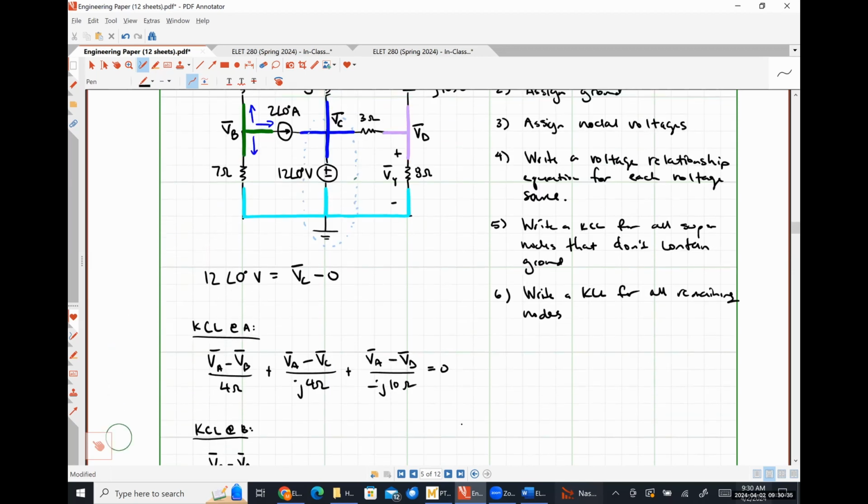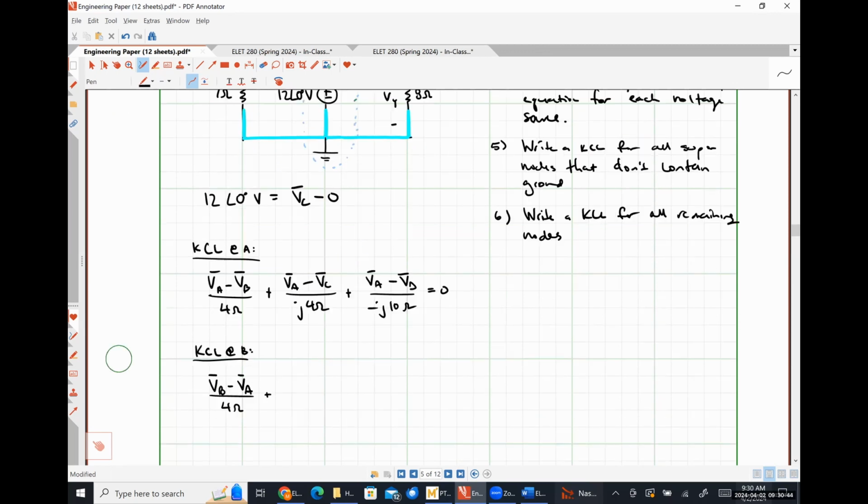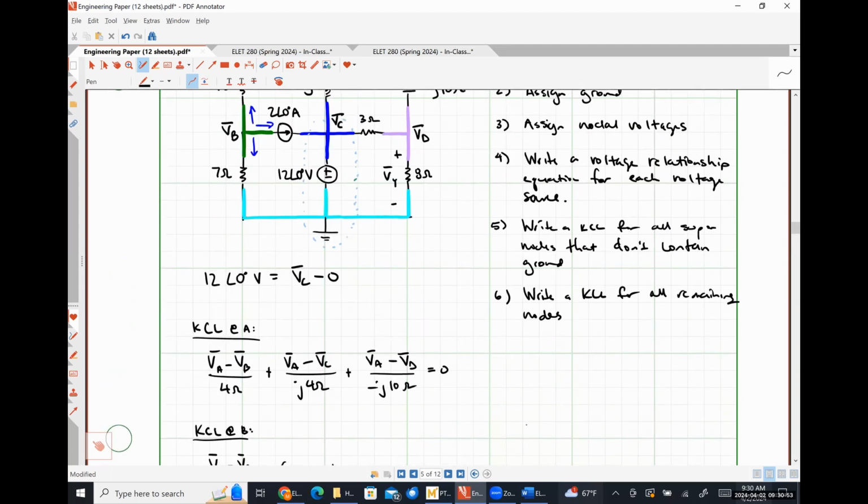What's the current flowing to the right through the current source? To angle 0. What's the current flowing down through the 7 ohm resistor? Yeah, so VB minus 0, which is the same thing as VB, over 7. Absolutely correct.